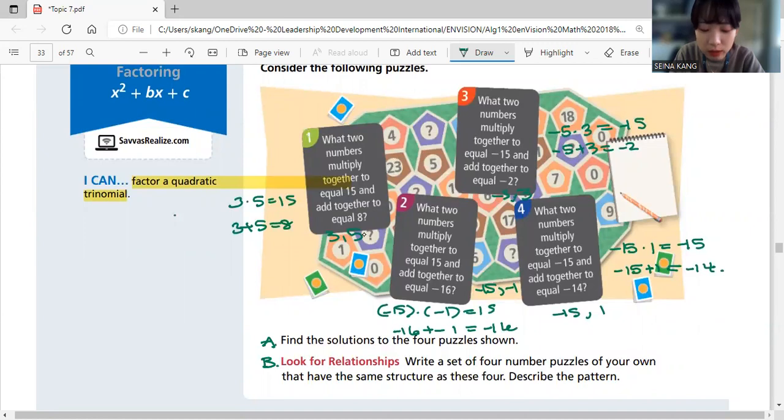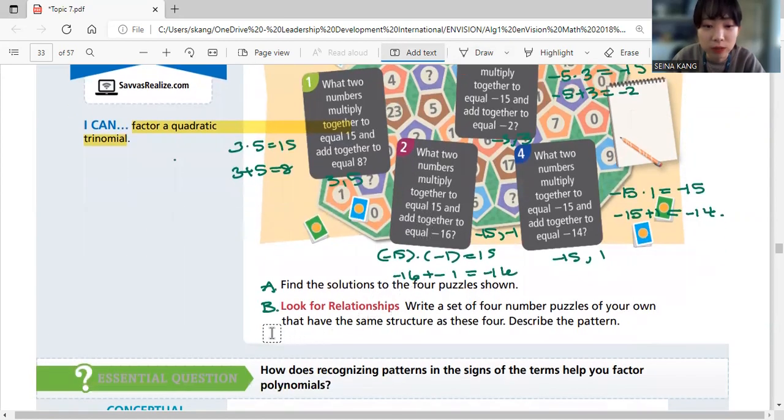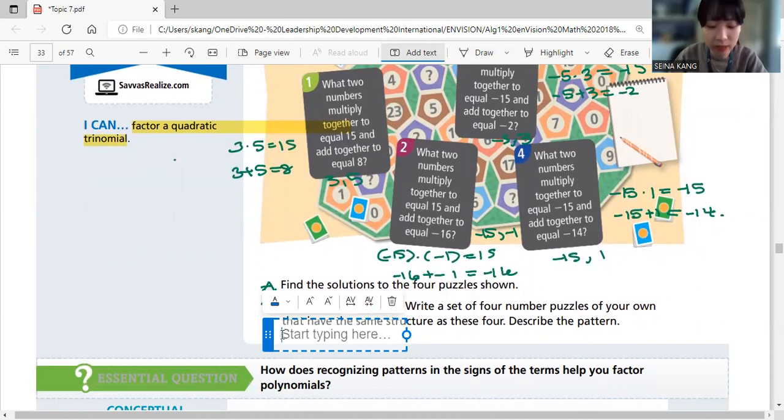What is the structure that we see? All of these puzzles ask for factors of 15, and they give you a product of that and a sum of two numbers, two factors, right? So we can start with identifying the structure.